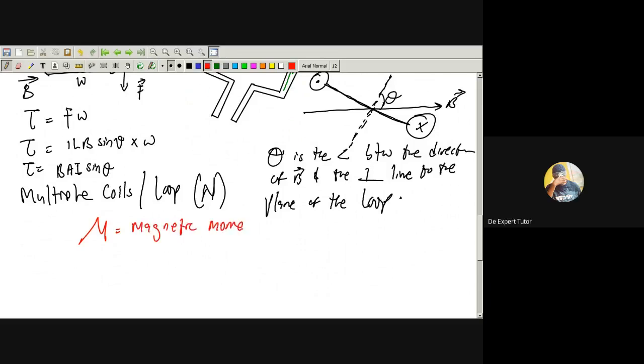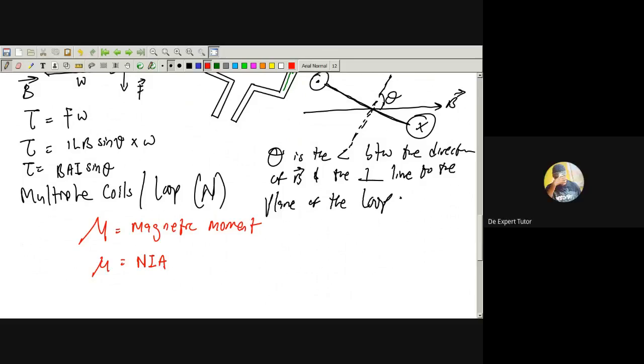What's magnetic moment? Magnetic moment is equal to NIA, number of turns times current times area.